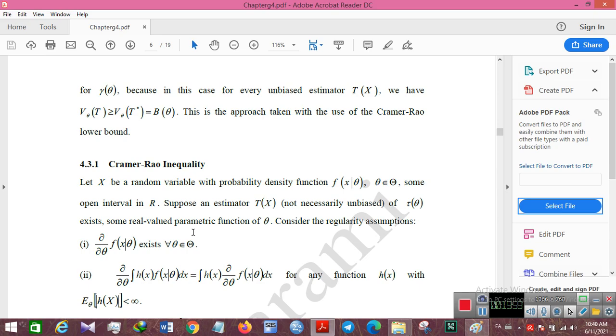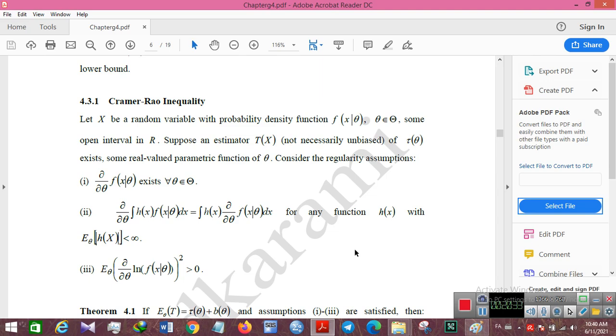For the Cramer-Rao lower bound we define: let X be a random variable from density function f(x, theta), where theta belongs to some open interval in R, meaning that theta is one number, not a vector, and suppose T(X) is an estimator of gamma(theta), and some regularity conditions are satisfied.